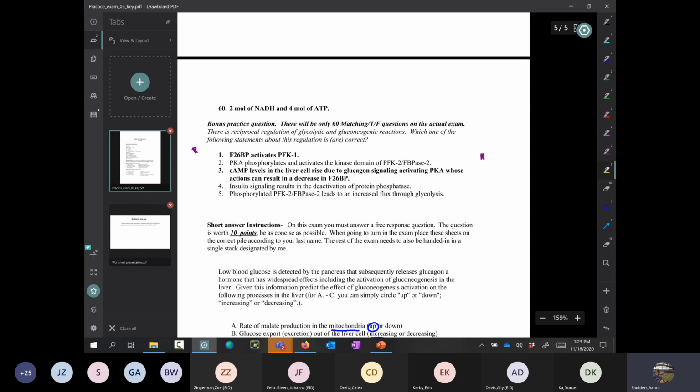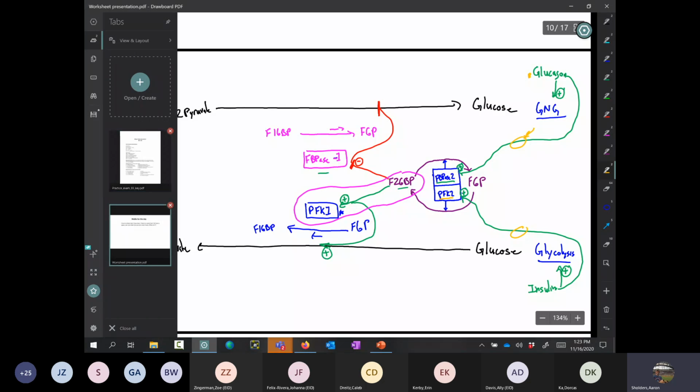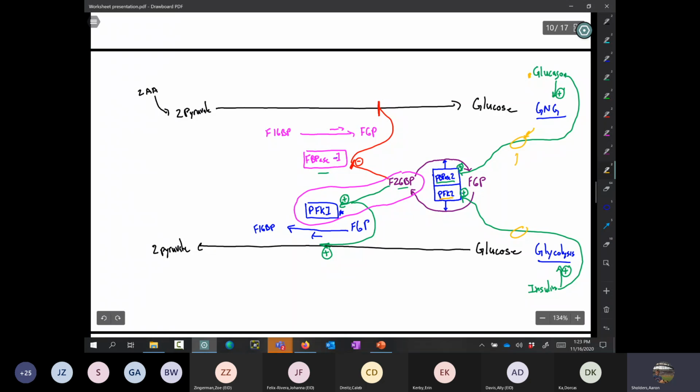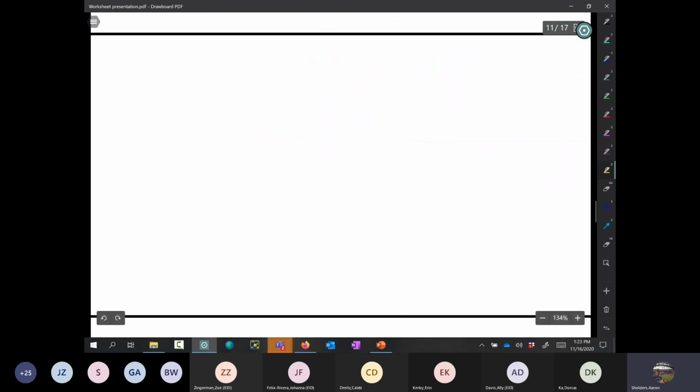Now, 3: cyclic AMP levels in the liver cell rise due to glucagon signaling, activating PKA, whose actions can result in a decrease in fructose 2,6-bisphosphate. So this whole question is demanding that I do a little bit more with this. So let's do a little bit more with that.